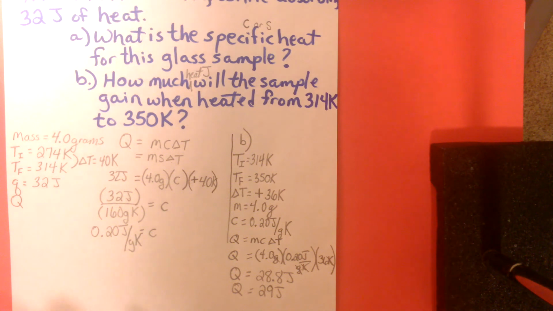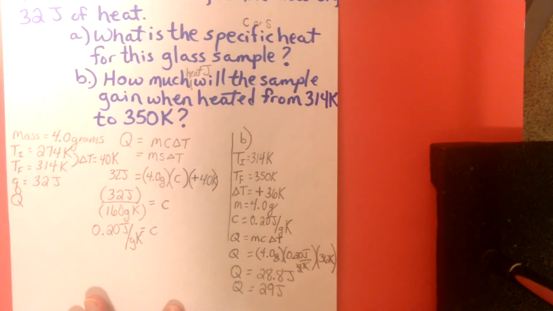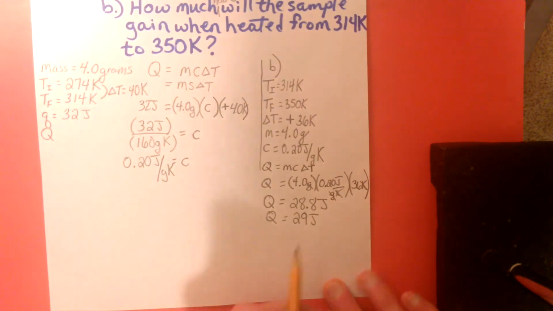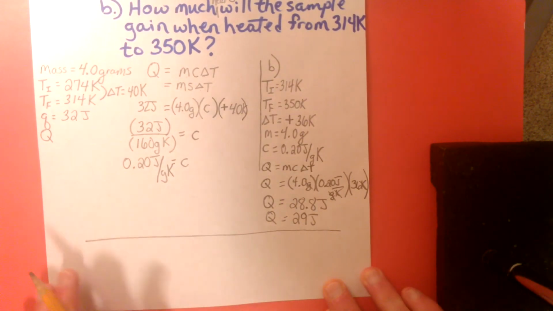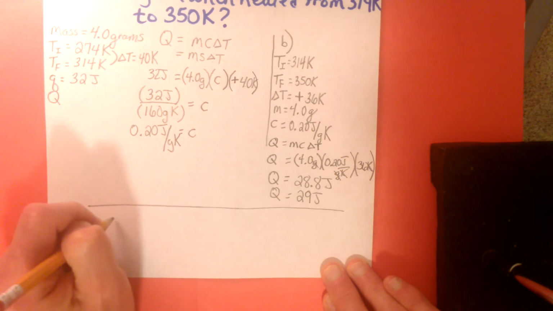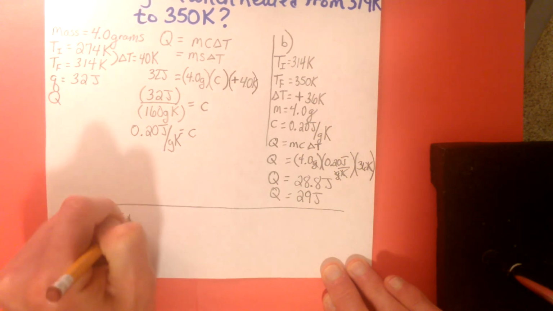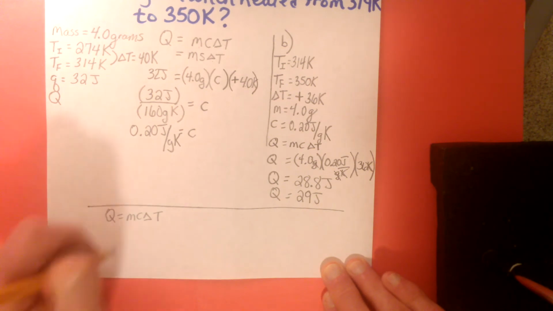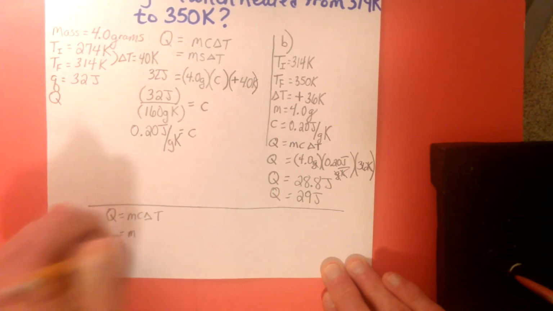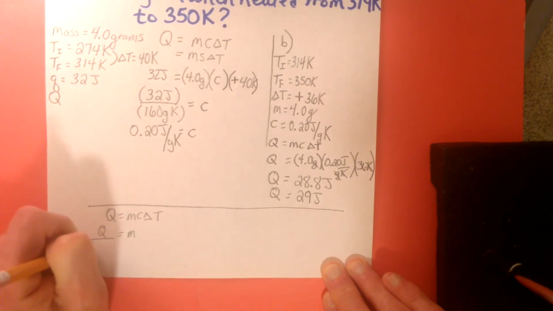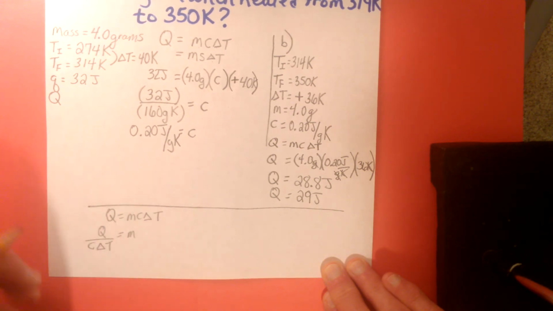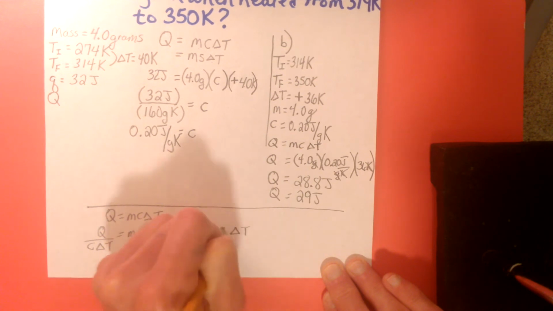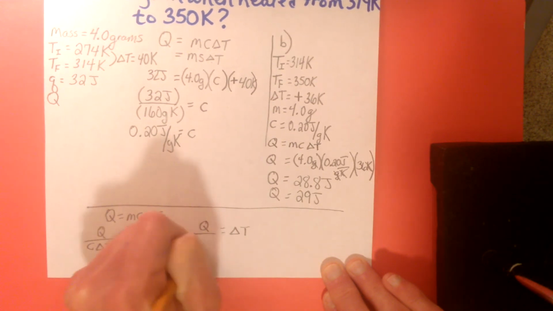Now this formula, Q equals mcat, or mc delta T, or if you like the S, you can use it as well. Lots of people like to rearrange it in the beginning. You can do so that m equals Q divided by c delta T, or delta T is equal to Q over mc.